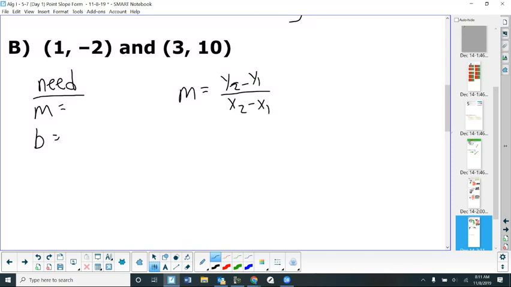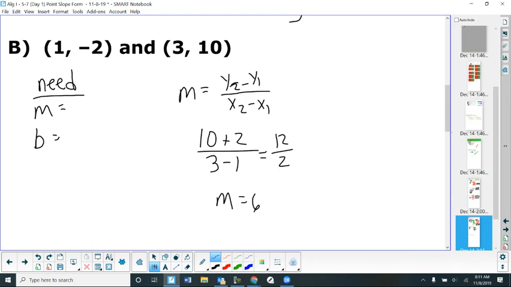Okay, so what do you want to plug in? 10 minus -2 over, which turns to plus 2, over 3 minus -2. X's, 3 minus what? 1. Okay, go ahead. 12 over 2, which simplifies to what? So our slope is 6, right?